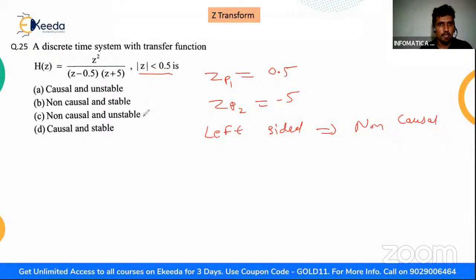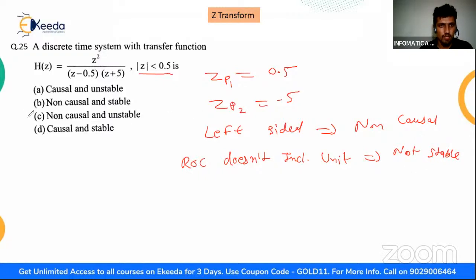Non-causal. And now what we have to determine: since the ROC does not include the unit circle, it is not stable, or you can say unstable.